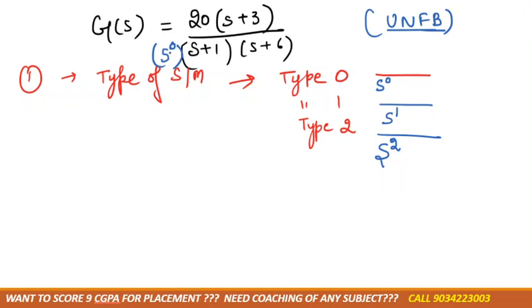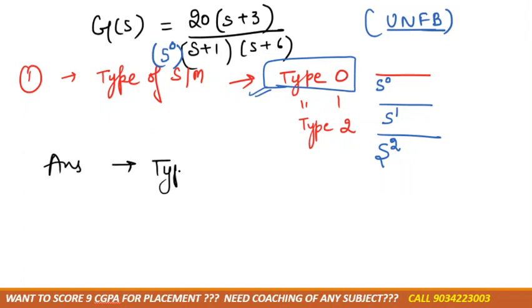So this is a type 0 system. They can give you any type of system. Understood? So its answer is type 0 system.